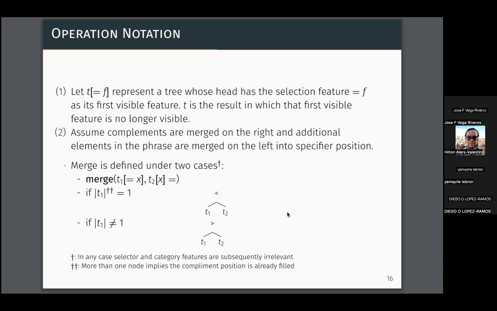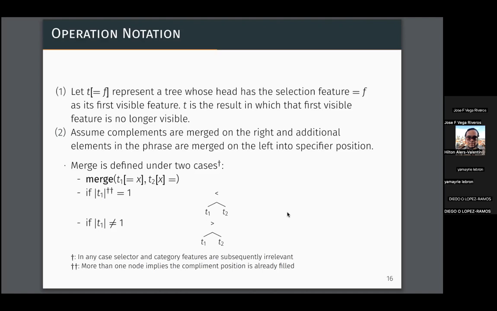Another thing: complements are merged on the right, and additional elements of the phrase are merged on the left in specifier position. Keep that in mind. This is what we use to define merge. We have some initial tree with selection feature X, and some other tree with that feature that we're selecting for.